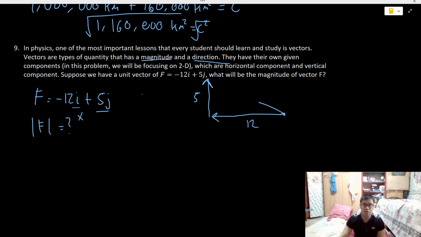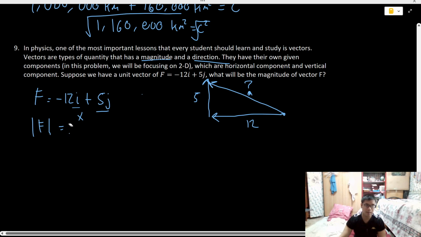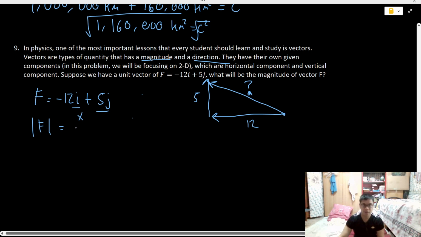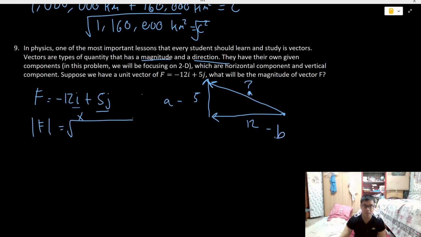Now, our goal is to find this side. This question mark will be the magnitude of your vector f. So you're going to apply the Pythagorean theorem. You will have the square root of A squared plus B squared, where your A here is 5, then your B is 12.